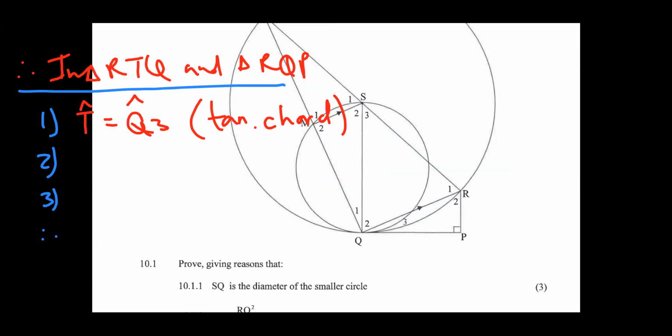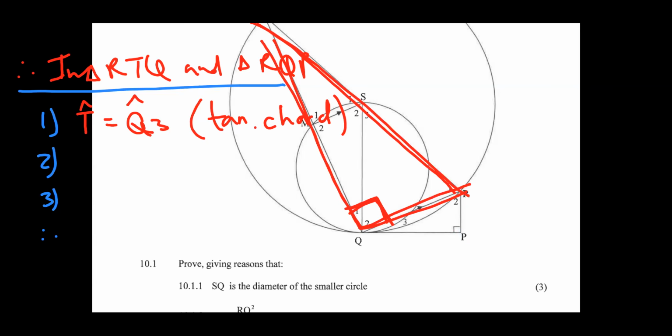Then angle P, can we see that angle P is 90 degrees, right? They said RP is perpendicular to QP, so it's 90. Also, we know that angle PQR is also 90 degrees because it's the angle being subtended from the diameter, the line that passes through the center, at the circumference, giving us a 90-degree angle.